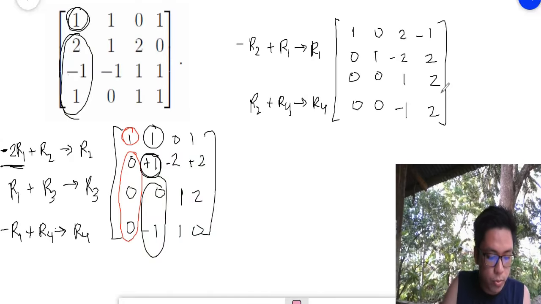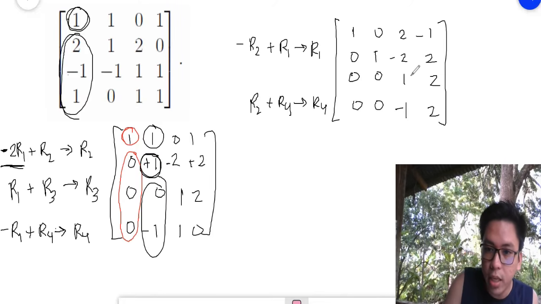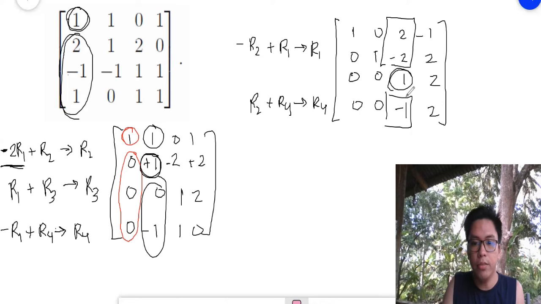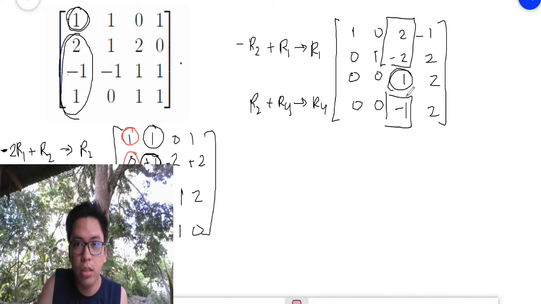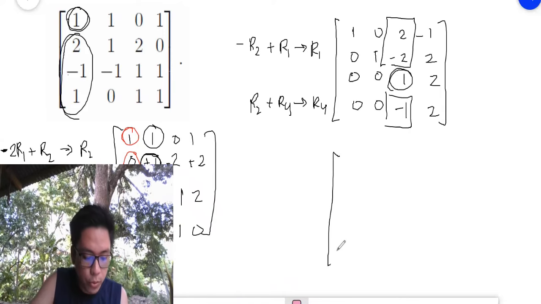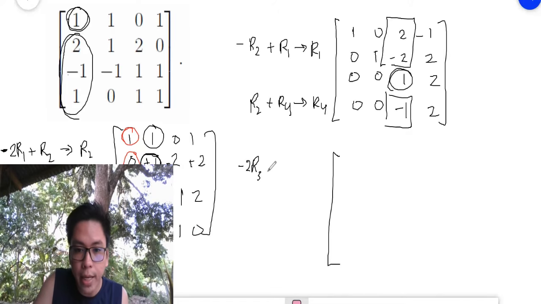Okay, now my next goal is to find a pivot on the third row and third column. That means I'm going to let this be 1 and the rest will be 0. To do that, I'm going to have negative 2R3, and I'm going to add that to R1, and that will be my new R1.